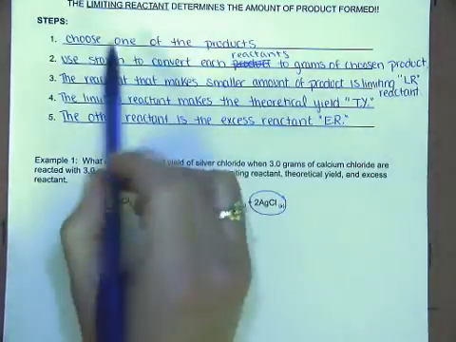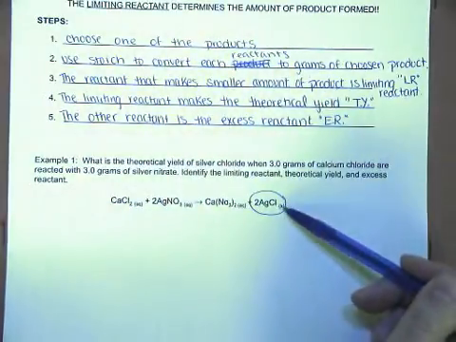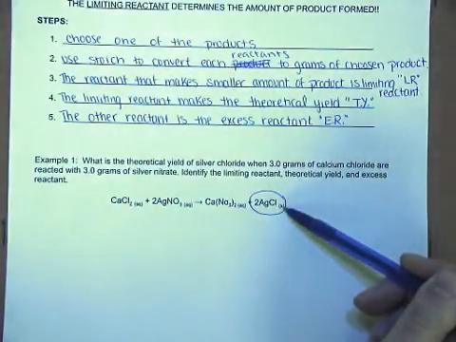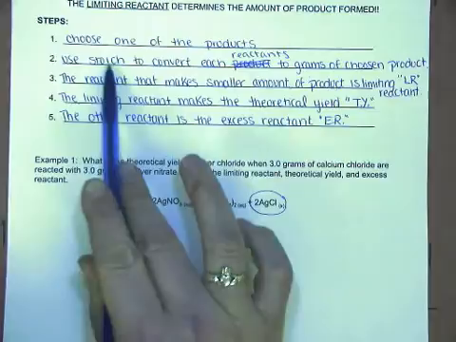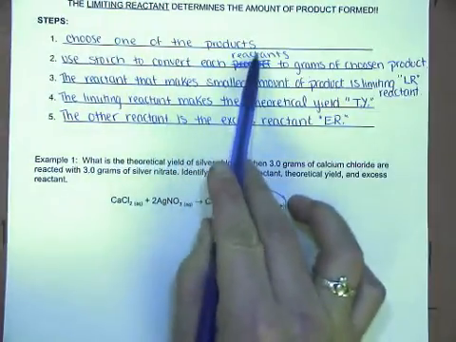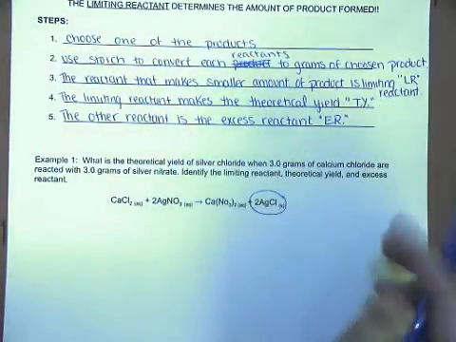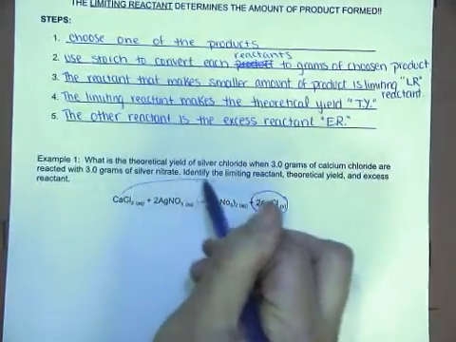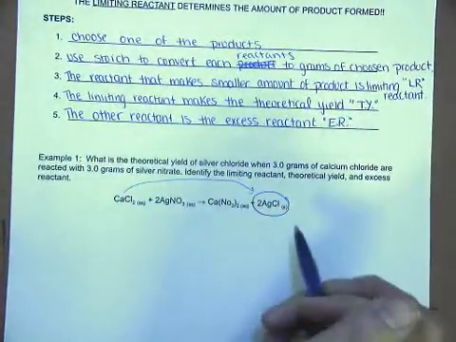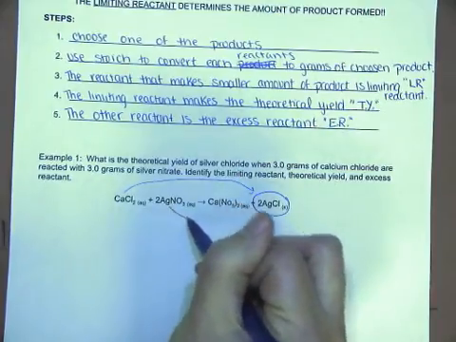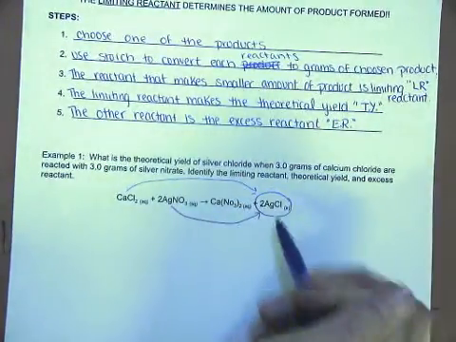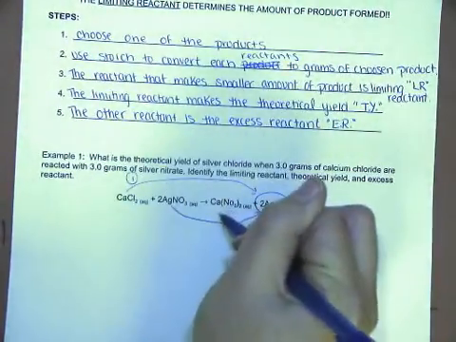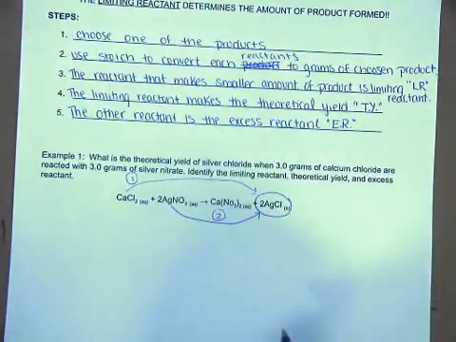Well, my first step says choose one of the products. My problem has already chosen one for me. Then use stoichiometry to convert each reactant to grams of chosen product. So I have calcium chloride, which needs to get converted to silver chloride, and silver nitrate, which needs to get converted to silver chloride. So I have one in two different problems.